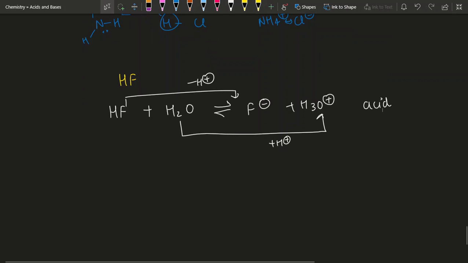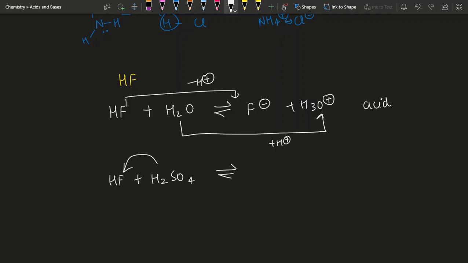However, if you take the same acid in H2SO4, the sulfuric acid, now the sulfuric acid has a greater tendency to donate its hydrogen to HF. And it does so.